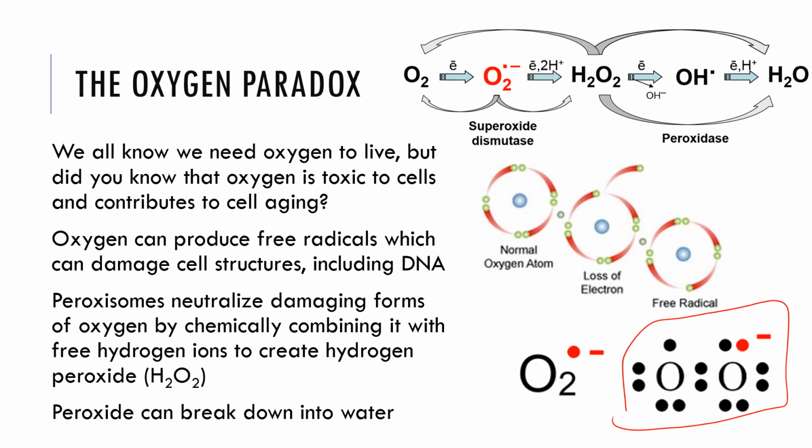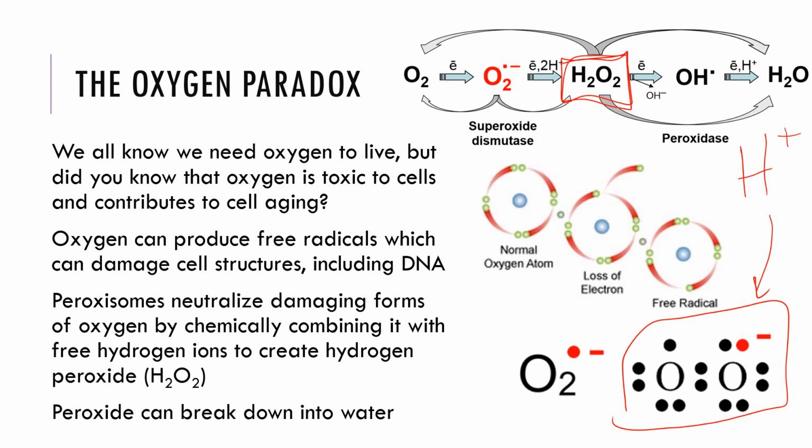What they do is they combine these free radicals with hydrogen ions to neutralize them into hydrogen peroxide. And you think, well, how does hydrogen peroxide neutralize it? Because that is pretty bad for cells, right? Don't we put it on cuts to kill bacteria? Yes, we do. However, peroxide is not very stable.